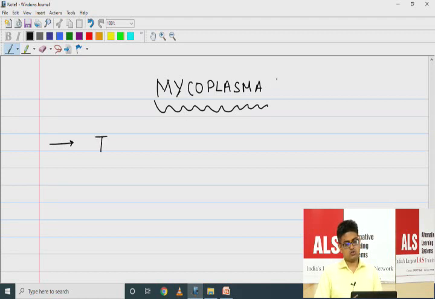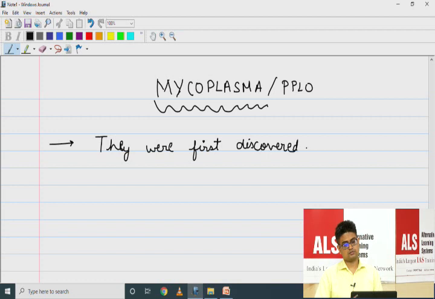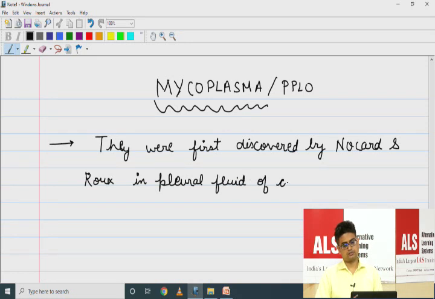It is also called PPLO, pleuropneumonia-like organisms. They were first discovered by Nocard and Roux in the pleural fluid of cattle suffering from pleuropneumonia.